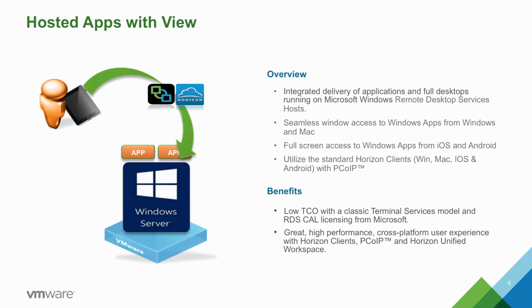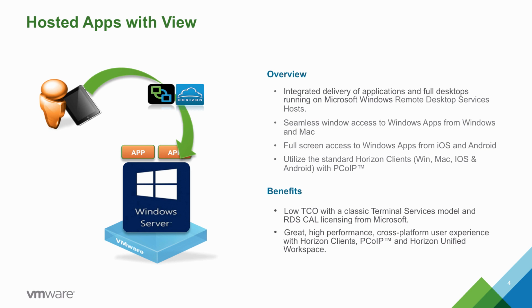available. One of the powerful and much anticipated features of Horizon 6 is the ability to deliver applications as well as RDS desktops and full VDI desktops through View. So now we can deliver individual applications to end users, which they can access through the Horizon client, whether it's on a full Mac or Windows client with a seamless Windows experience and interaction with the local client itself, or full screen access on iOS and Android devices.